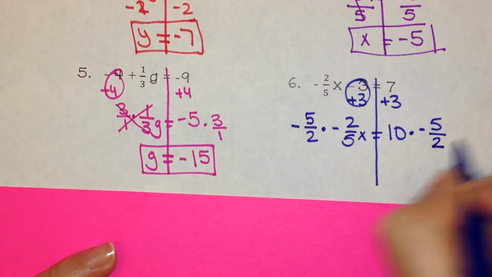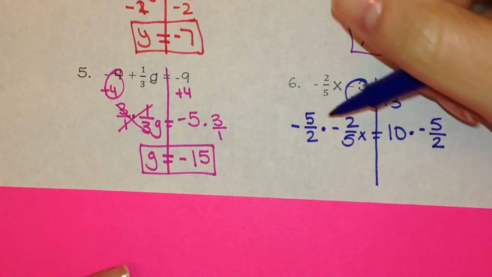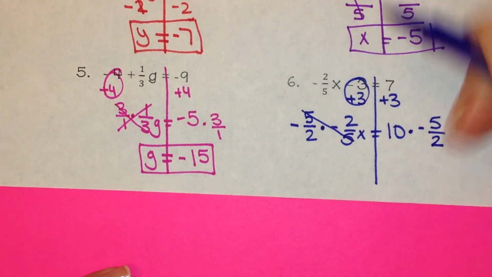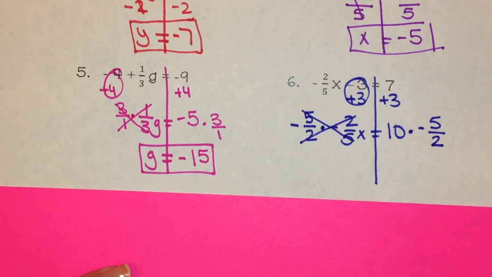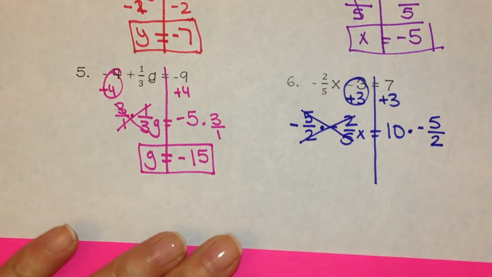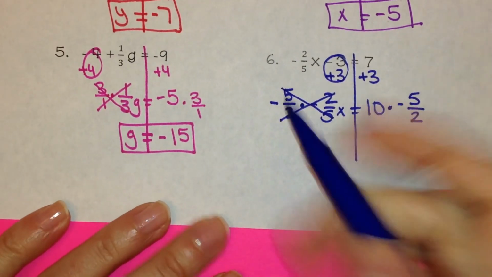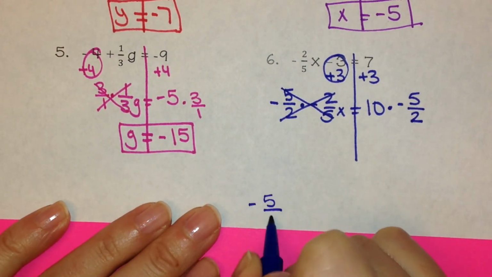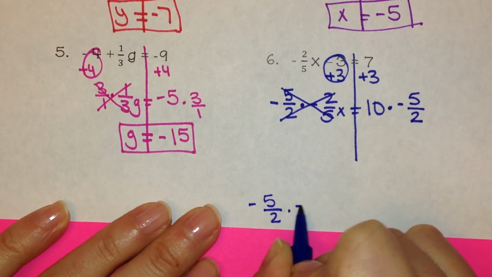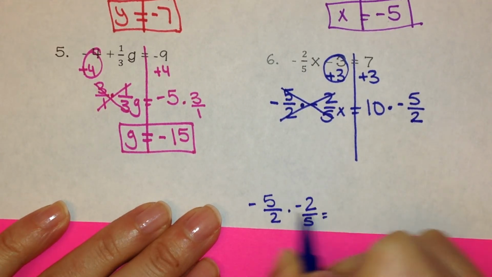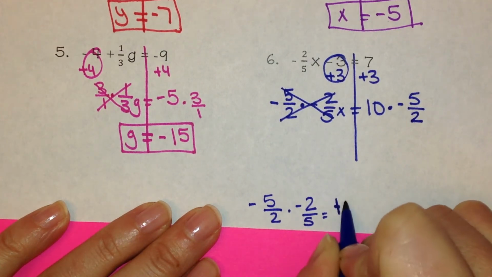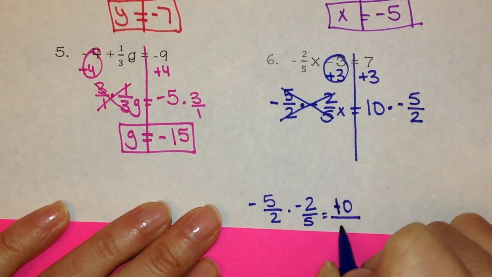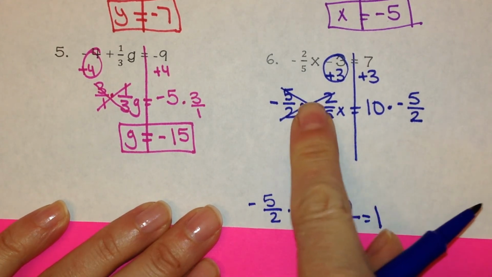Anything you do to one side, you have to do to the other. 5 divided by 5 is 1. 2 divided by 2 is 1. And a negative times a negative is a positive. If it confuses you what I just did, you can always do the work down below. -5/2 times -2/5. -5 times -2 is positive 10, over 2 times 5 is 10, and 10 divided by 10 is 1. So that's how I got these to cancel out.